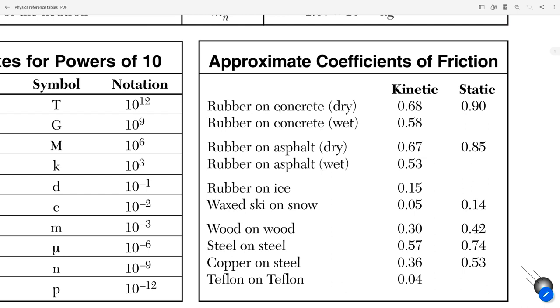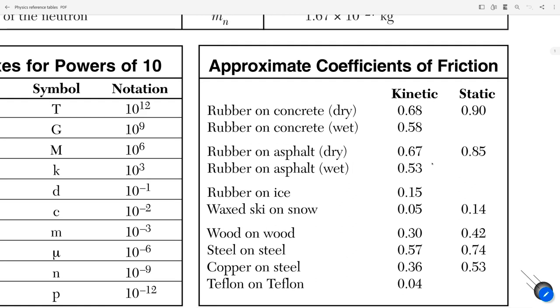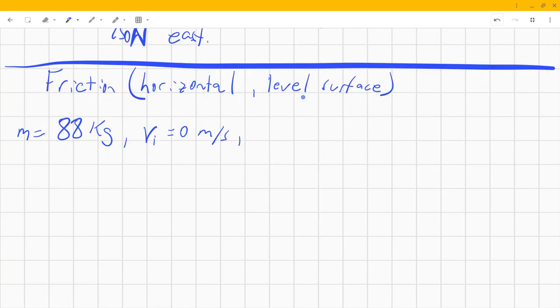Why don't we go with rubber on wet asphalt? Oh, they only give us kinetic. So I'll use rubber on dry asphalt. So there's a rubber object on dry asphalt, which is what the dark surface on a roadway is.